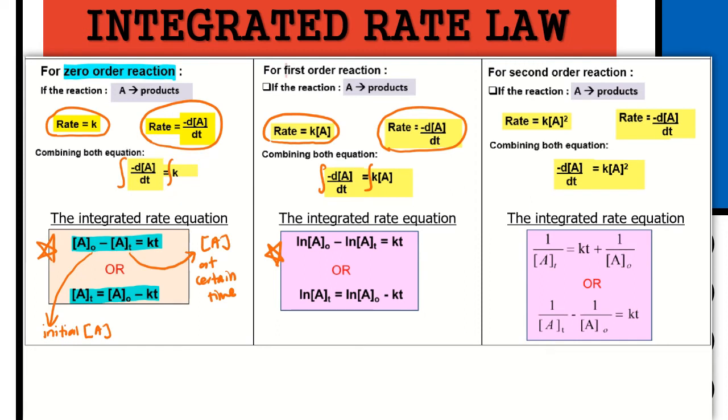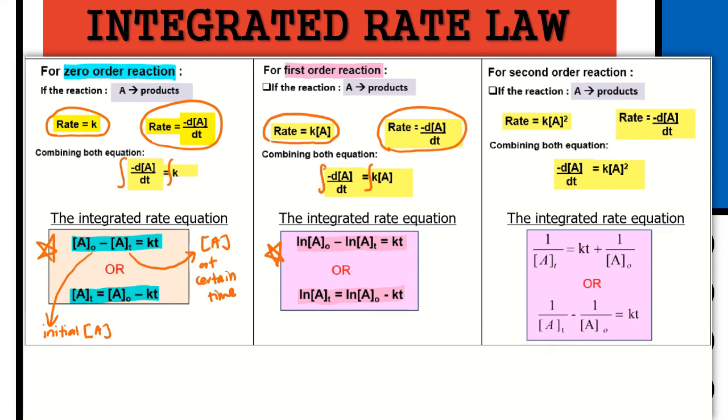So this is for our first order reaction, and the integrated rate law is ln A naught minus ln A_t equals kt, or when you rearrange the equation, ln A_t equals ln A naught minus kt. Just memorize the equation.